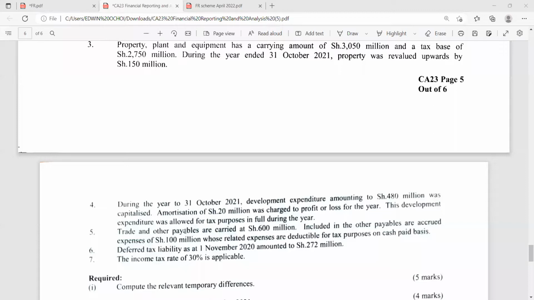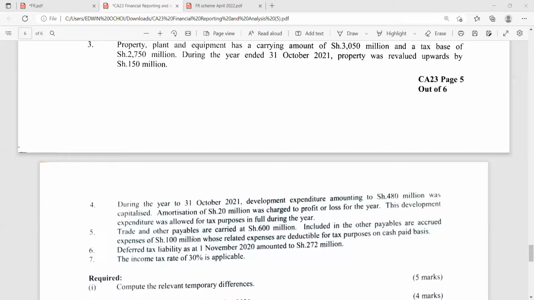The last one, trade and other payables are carried at 600. Included in the other payables are accrued expenses of 100, whose related expenses are deductible for tax purposes on a cash paid basis. So payables are carried at 600, and included in them are accrued expenses of 100.